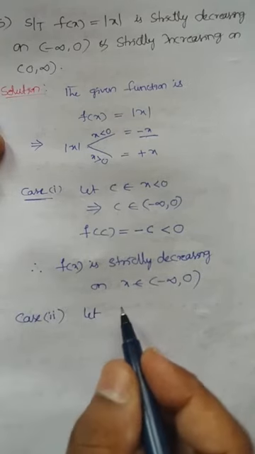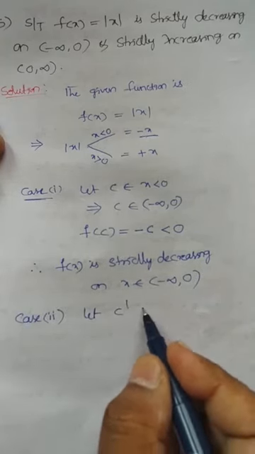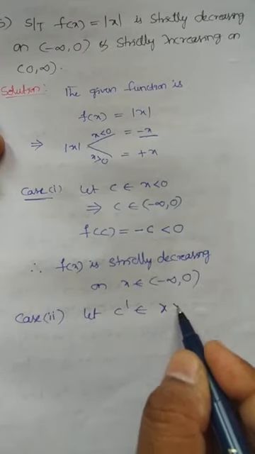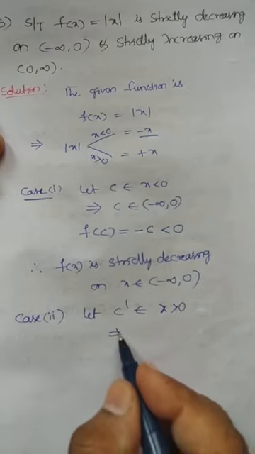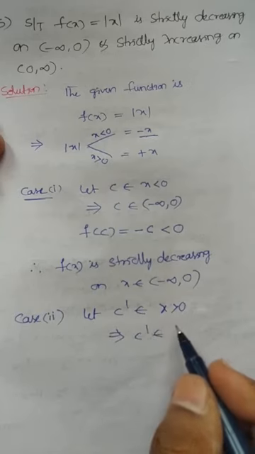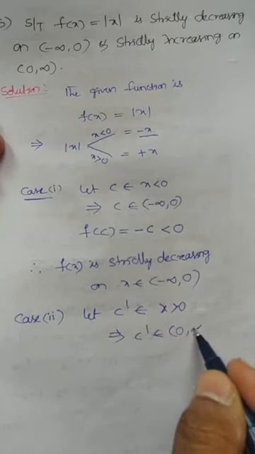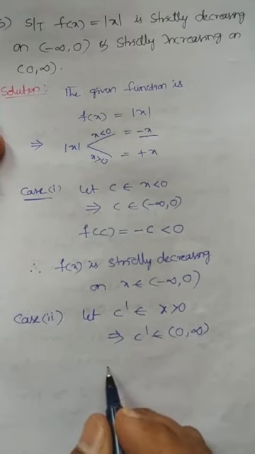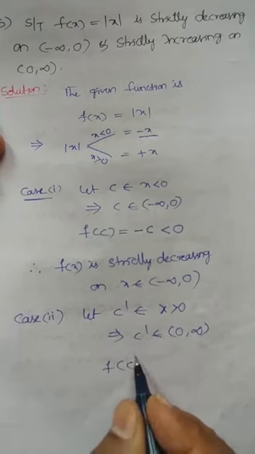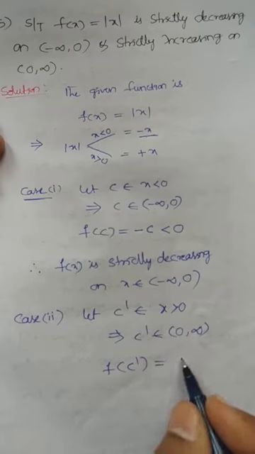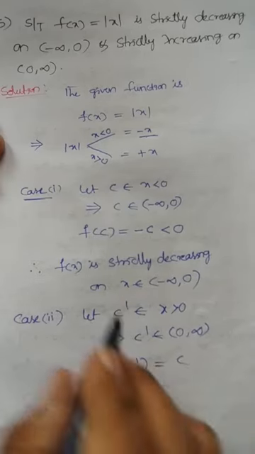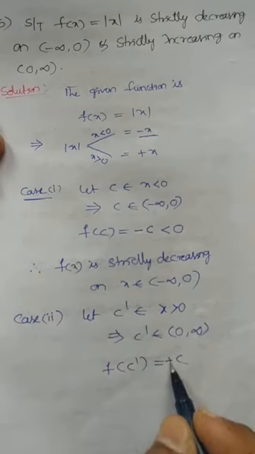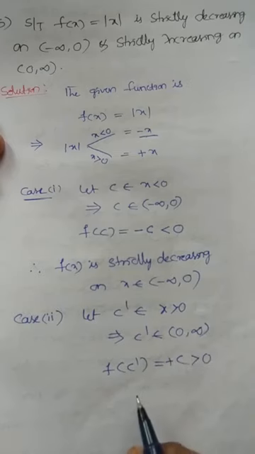Let some c dash belong to x greater than 0, that implies c dash is belonging to 0 to infinity. Okay, from 0 to infinity, if you substitute any c dash value in the given function, you would get a positive c here, plus x you are getting, so plus c you are getting, which is greater than 0. Are you following or not?